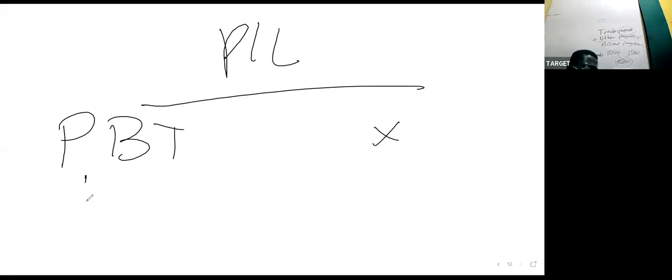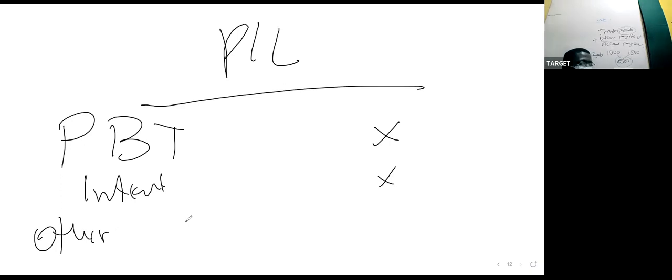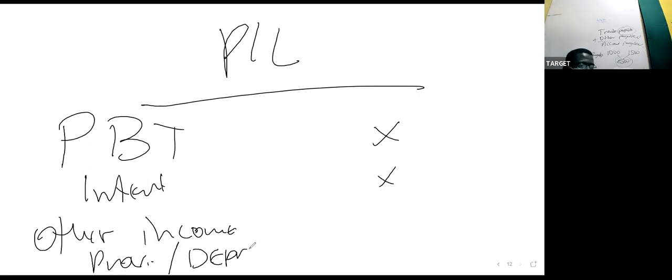Second, look out for your interest. Third, look for your other income. Any other income. And then the last one, look out for provisions and depreciations. That's all. Any other item they give you in this question, do as if it's not there.